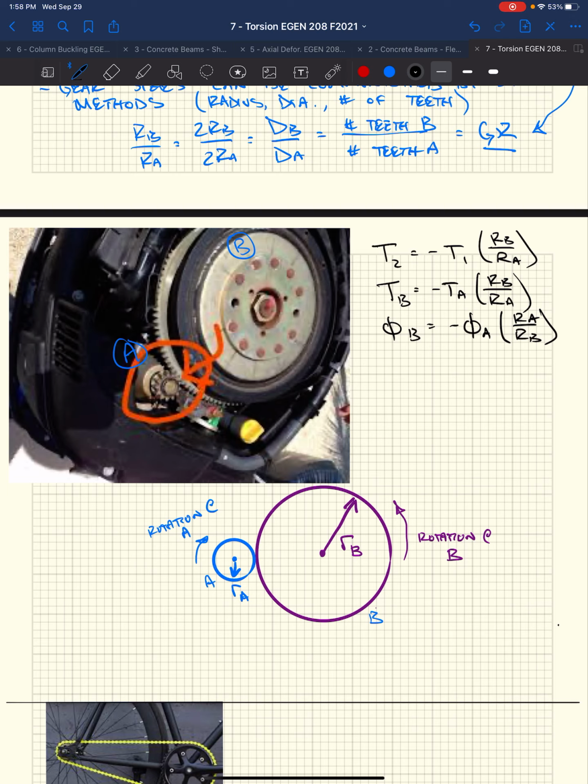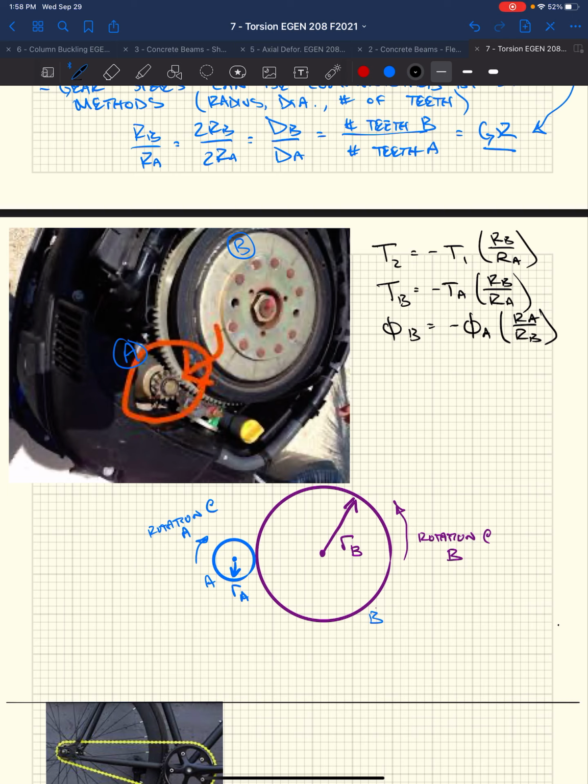In this derivation, we're talking about displacement. We know that the displacement where these two gears meet has to be the same, right? And so that motion at the end of this is our displaced angle times our radius. So in our case, the rotation at B times its radius has to equal the rotation at A times its radius, right?